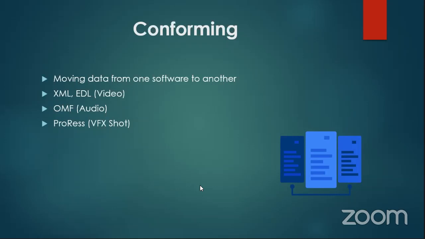In that case, you have to generate multiple kinds of media or files to send to the respective departments. So this is the step where you are going to export your timeline for various departments.